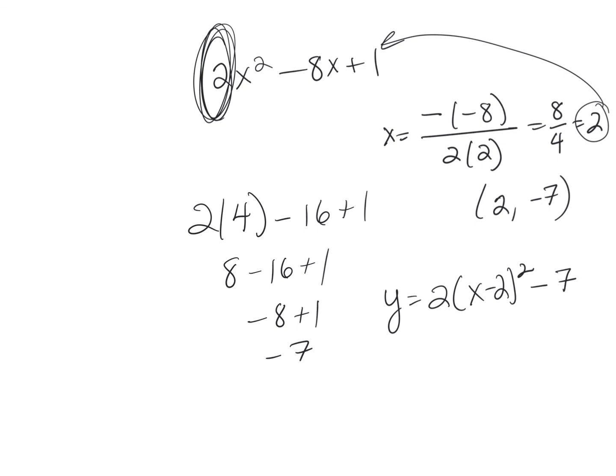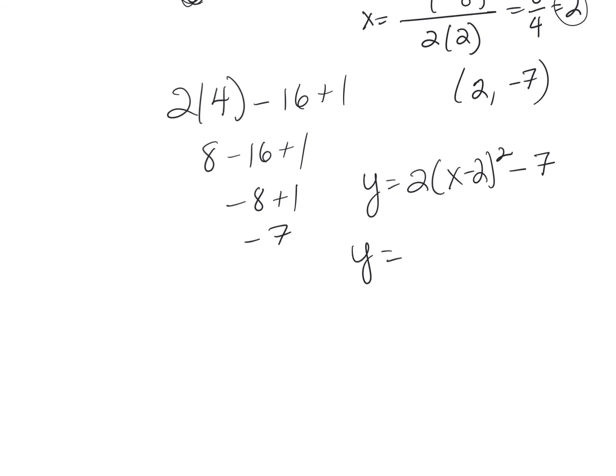It's okay. The form is y equals a times x minus h squared plus k.